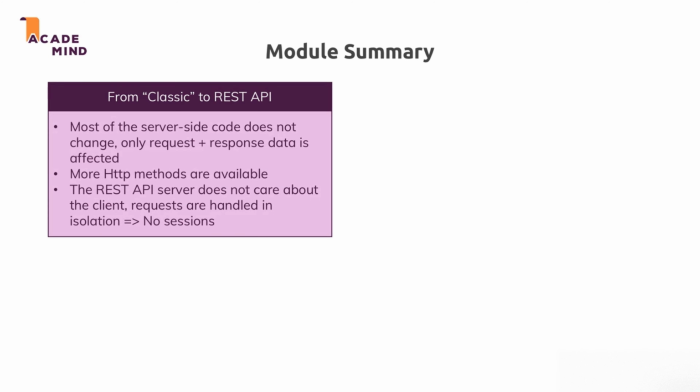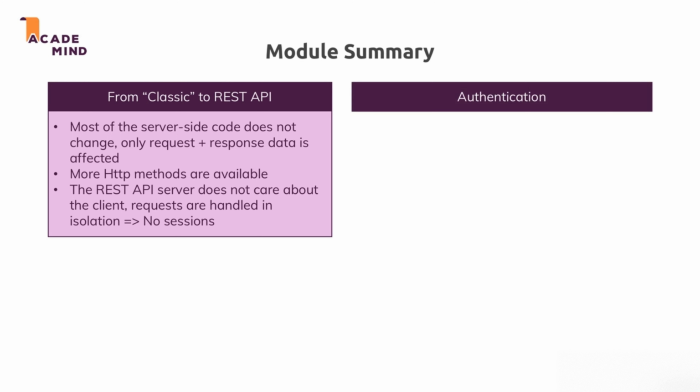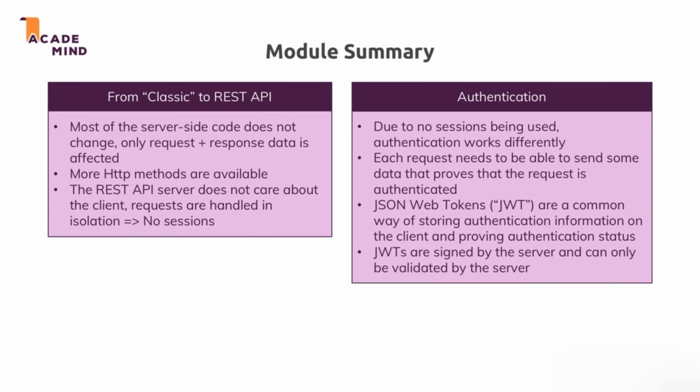So we don't use sessions. The server, the REST API, does not store any sessions. It does not store any client data. Now that has important implications for authentication. Due to no sessions being used, the authentication works differently. Each request needs to be able to send some piece of data that proves that the request is authenticated.